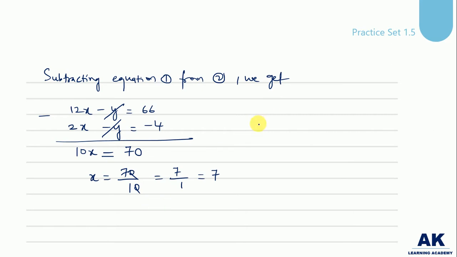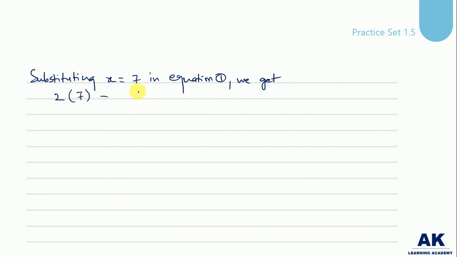Now substitute this x is equal to 7 in equation 1. Substituting x is equal to 7 in equation 1, we get 2 into x, which is 7. 2 into 7 minus y is equal to what?